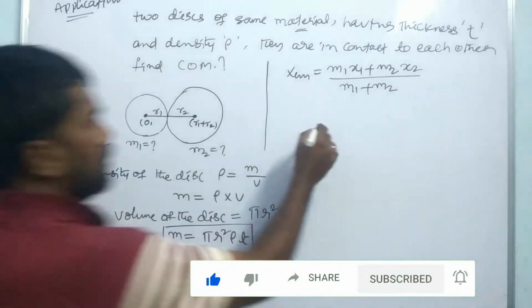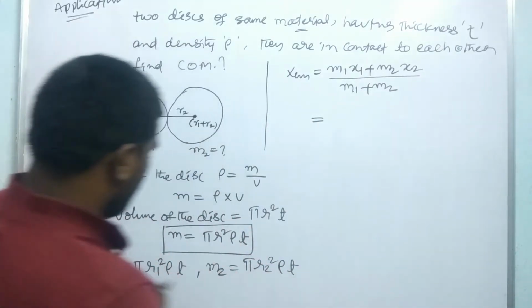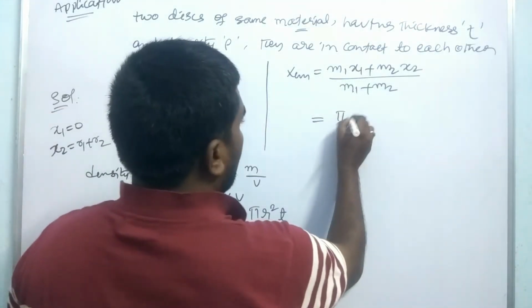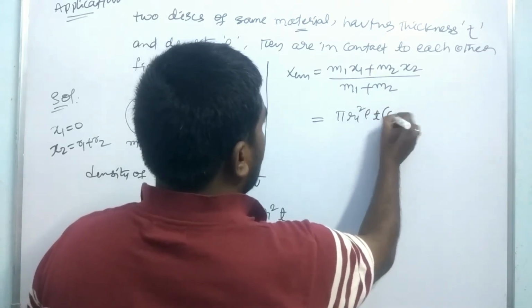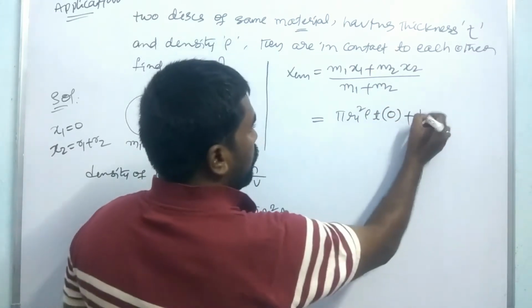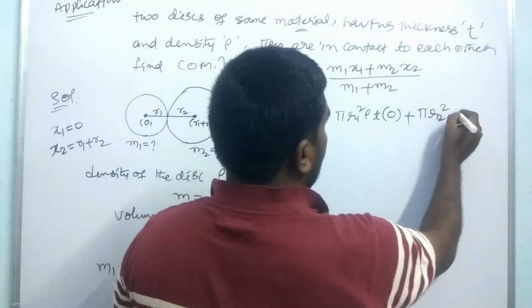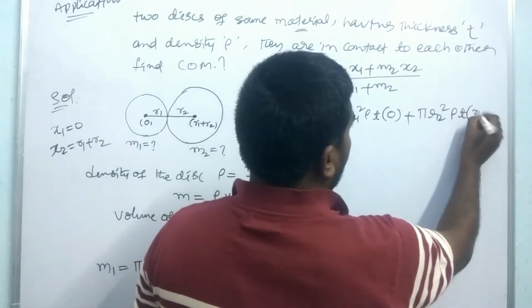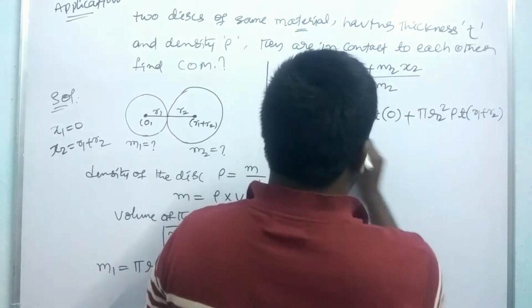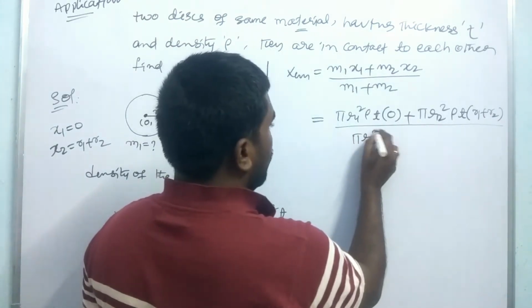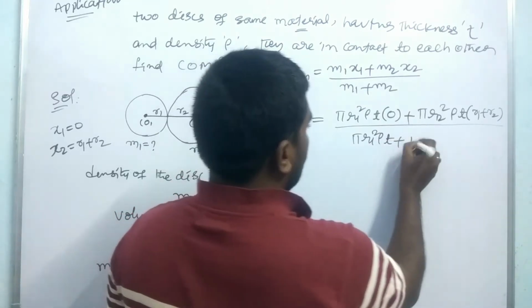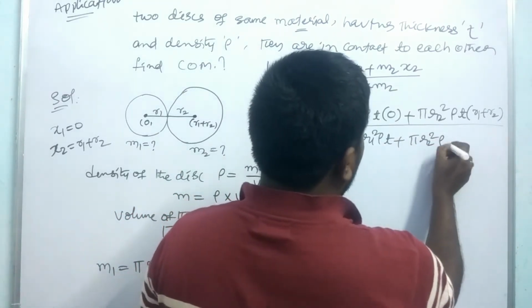Let us substitute here. What is m1? Pi r1 square rho t times x1, which is 0, plus pi r2 square rho t times r1 plus r2, by m1 plus m2, which is pi r1 square rho t plus pi r2 square rho t.